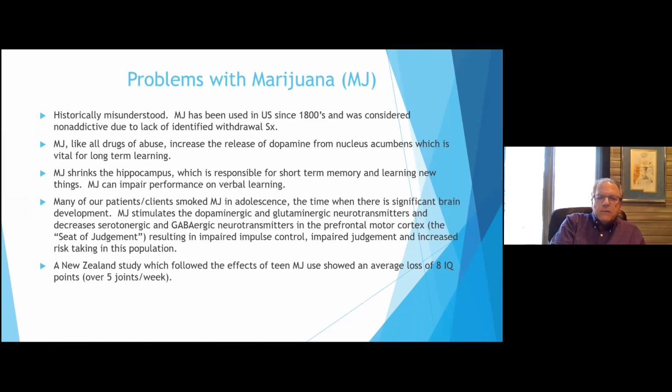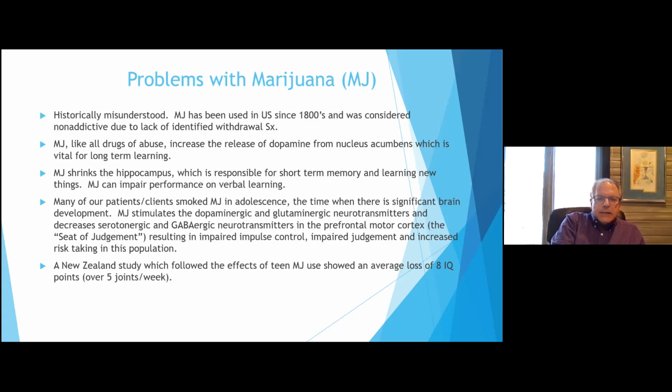Marijuana, like all drugs of abuse, increases the release of dopamine from the nucleus accumbens, which is vital for long-term learning. People who smoke marijuana heavily tend to have a smaller hippocampus over time. The hippocampus is responsible for short-term memory and learning new things, and marijuana then can, by implication, impair performance on verbal learning.